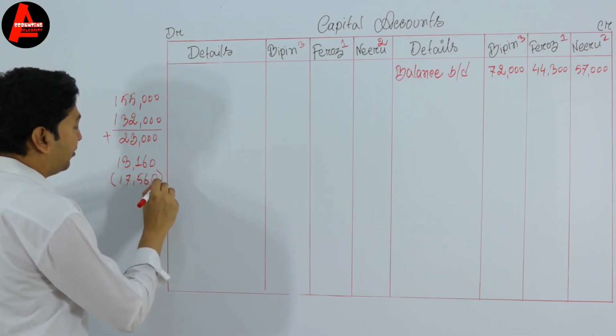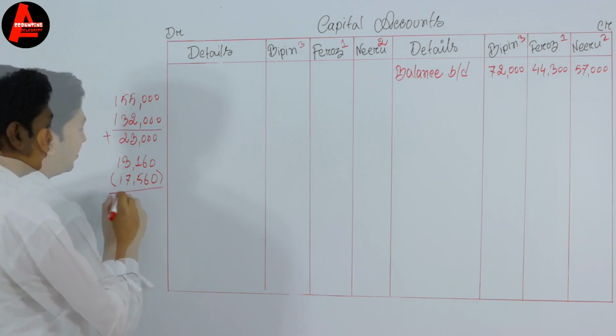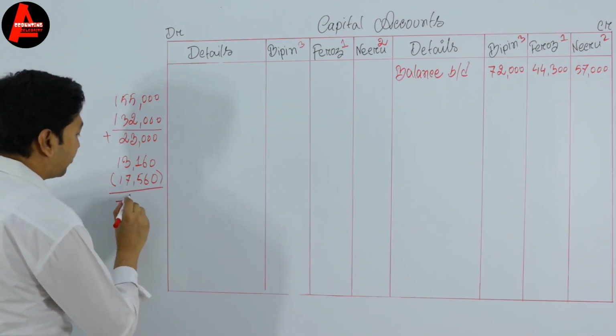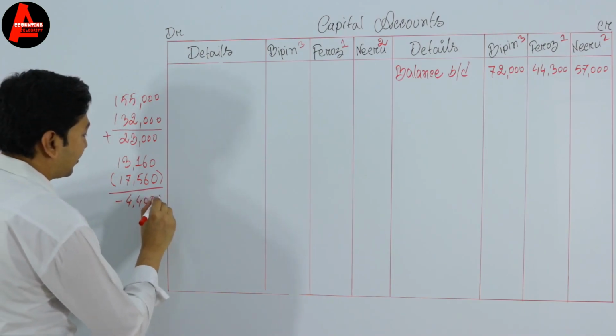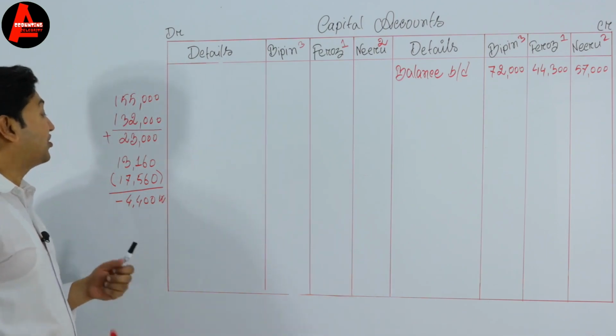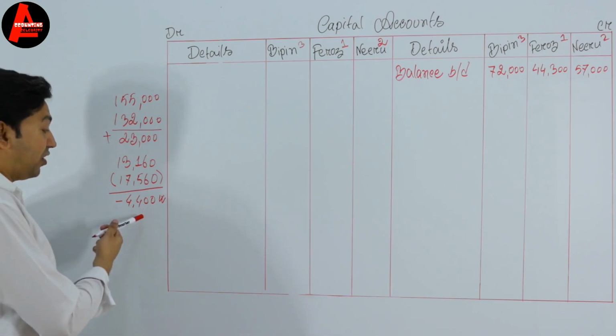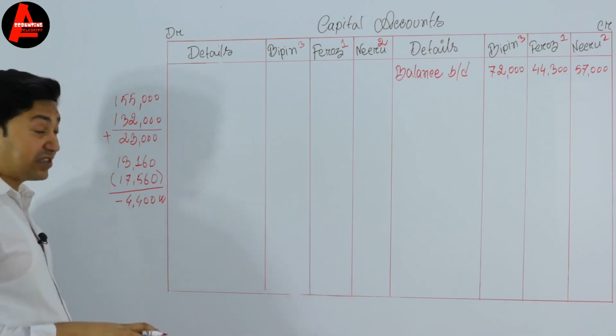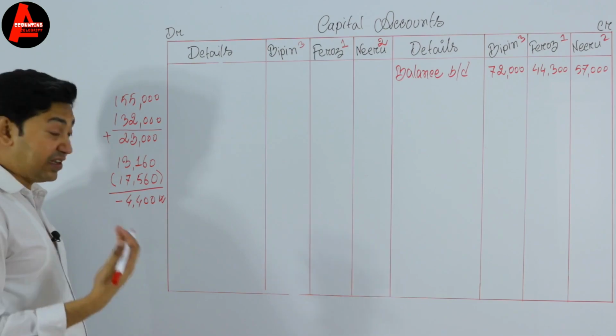If we subtract, we get minus $4,400. This amount is decreased. So for inventory the price decreased, and for non-current assets the price increased.